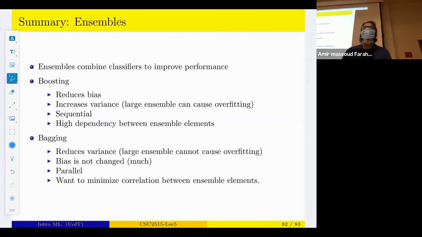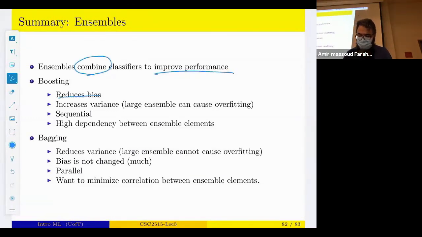Okay, then we have seen two ensemble methods. This is a summary of ensemble methods. One was bagging, and the other was boosting. The whole idea of an ensemble is that we combine predictors, mostly classifiers or regressors, but we focus mostly on classifiers. We combine them to improve the performance.